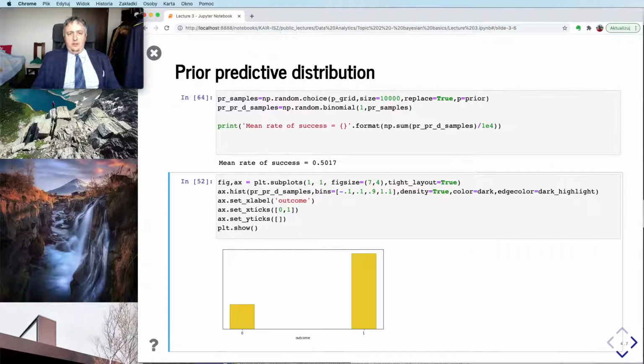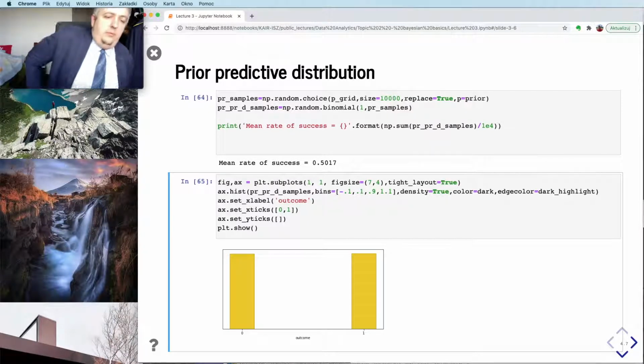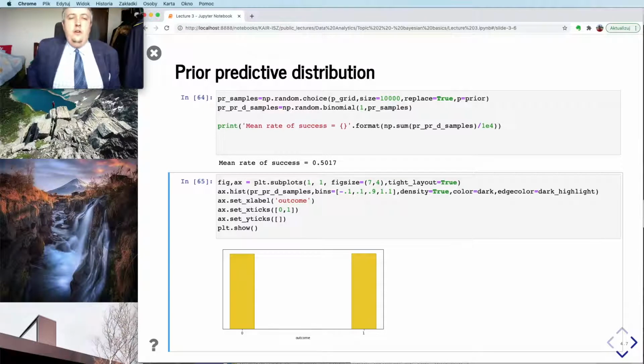The prior, in case of prior, we had a bit of advantage for the more ones, but this is very limited.